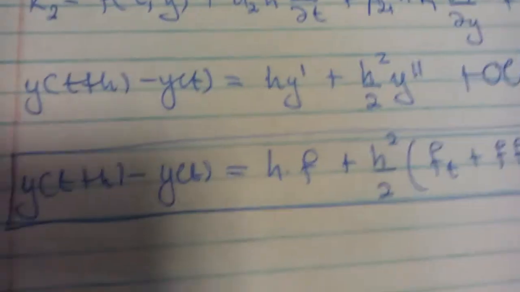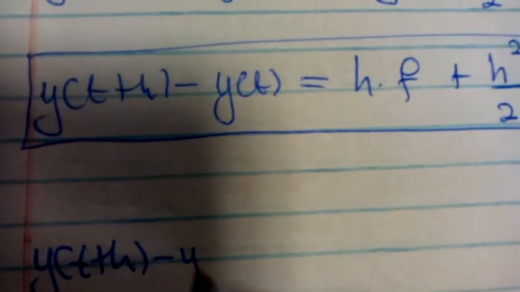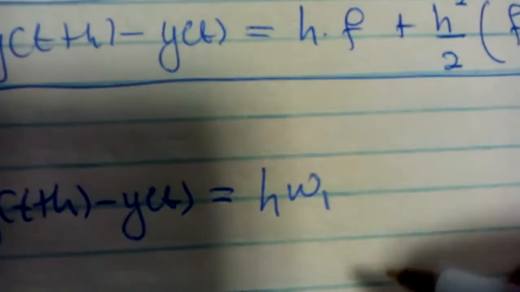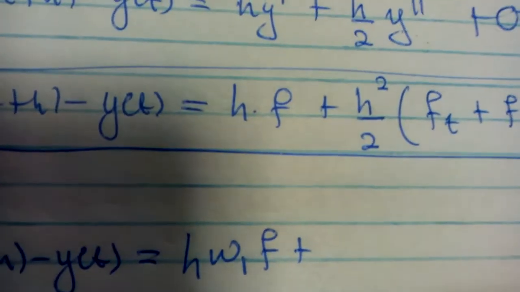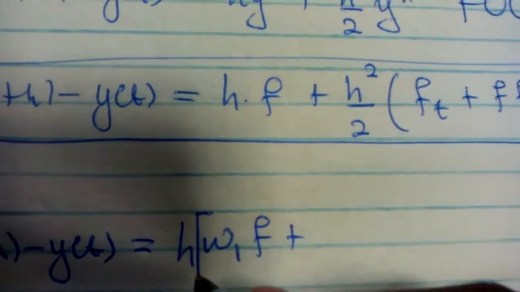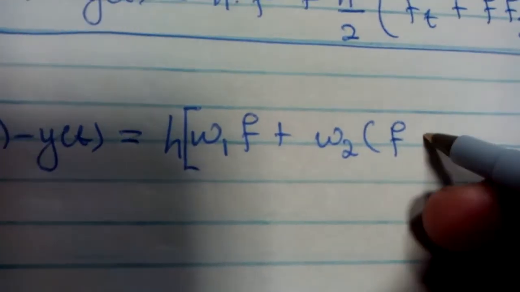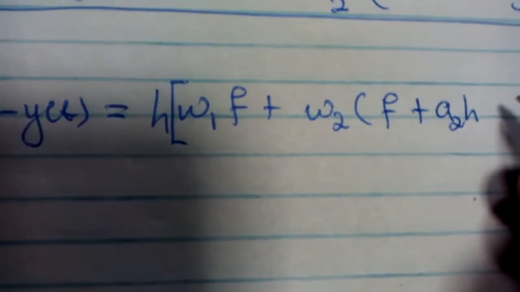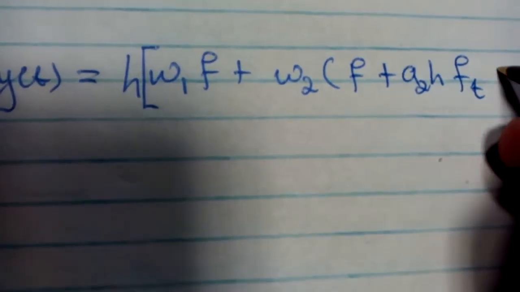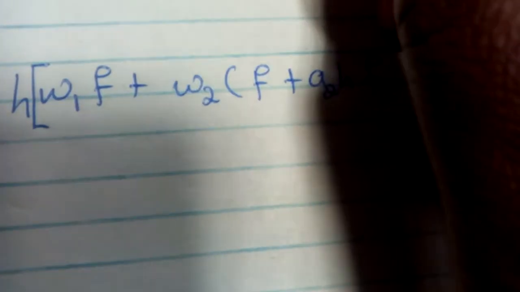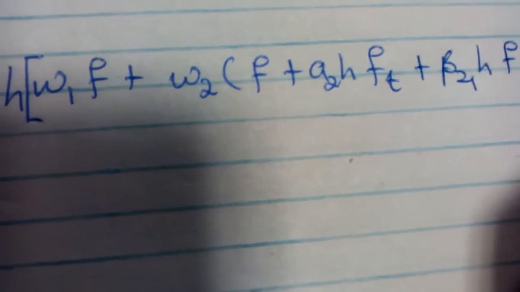We have y(t plus h) minus y(t) is equal to what? h, w1 k1, but k1 is nothing but f, plus, in fact, let me put the square bracket here, plus w2 k2, but k2 is nothing but f plus a2 h f_t plus beta 21 h k1 f_y, but k1 is f at y.